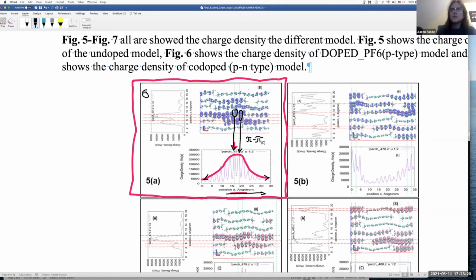I guess my expectation before doing the calculation was that I would expect the blue clouds to be everywhere and kind of evenly distributed.